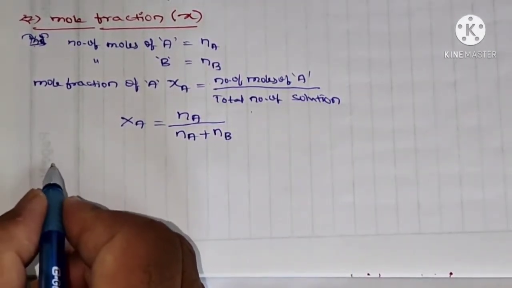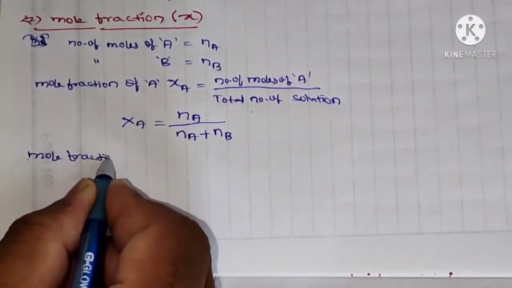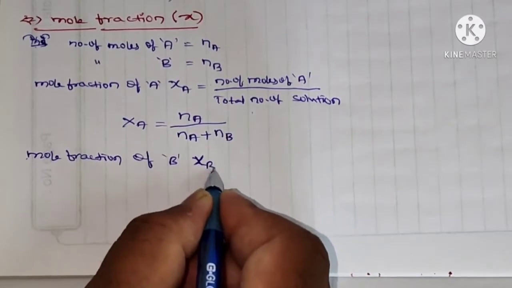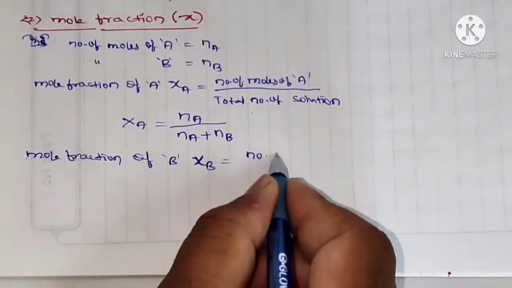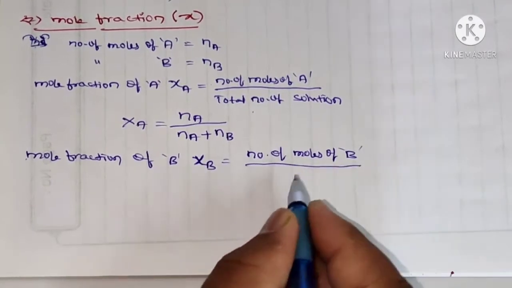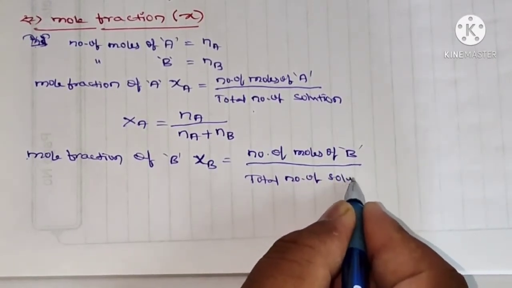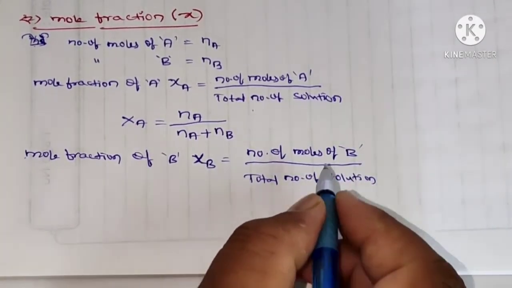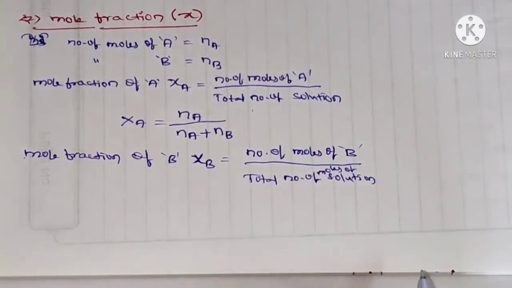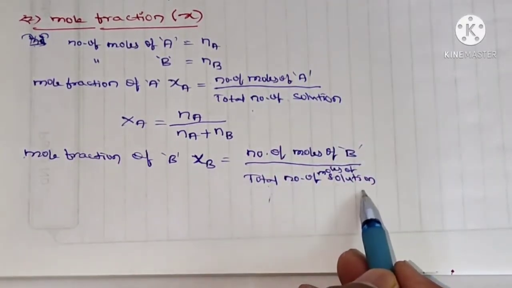Next, the mole fraction of B component. Xb is equal to the number of moles of B component divided by the total number of moles of solution.